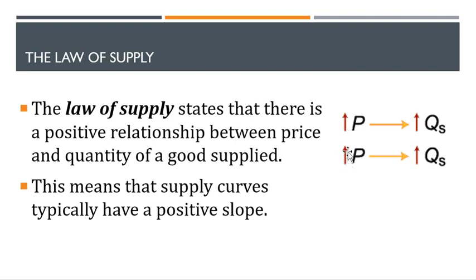So in this relationship, the arrow should be downward. So when price goes down, quantity supplied goes down as well. So this means quantity supplied and price show a positive relationship. So they move in the same direction. Hence, the supply curve typically has a positive slope.